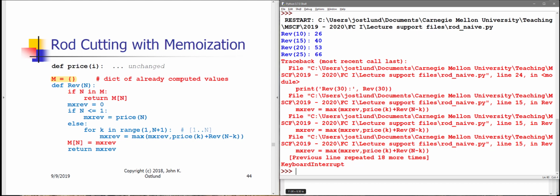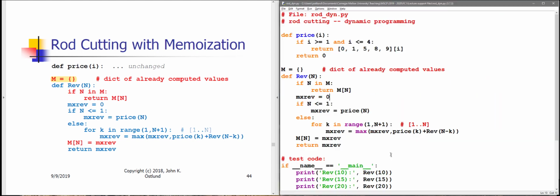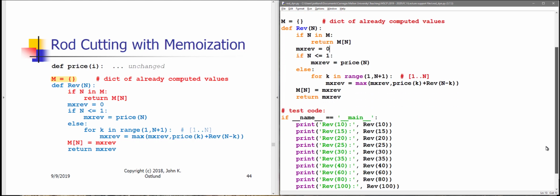For our memoized version of this algorithm, here I've added even more lengths of rebar that we might get from our supplier. Although, I guess a 100-foot piece of rebar from our supplier would be a little difficult to fit on the truck. But let's see what we get here as far as performance from this implementation that's using memoization.